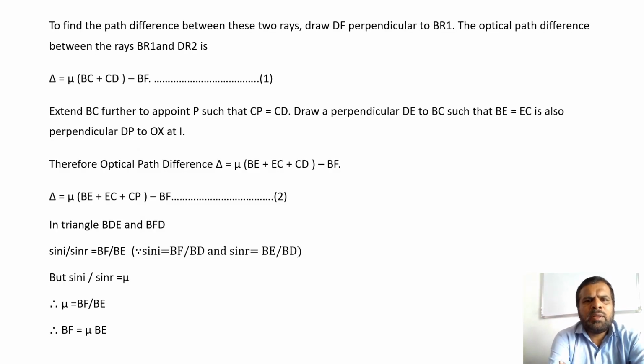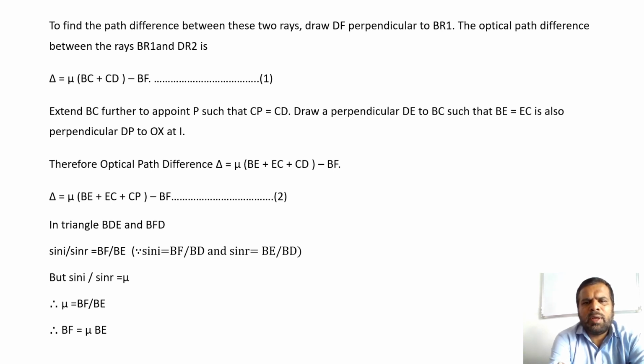To find the path difference between these two rays, draw DF perpendicular to BR1. The optical path difference between the rays BR1 and DR2 is delta equal to mu into bracket BC plus CD bracket complete minus BF. Call this equation number 1. Extend BC further to a point P such that CP is equal to CD.